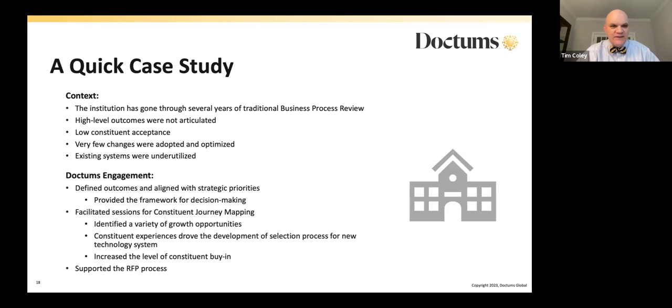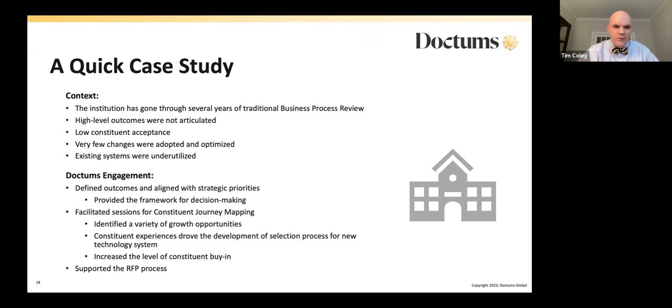They did not get the constituent acceptance of ideas. So over the past few years, they haven't really gained any ground. They haven't had their changes adopted. Their existing systems continue to be underutilized. And so they've reached that plateau, and we're trying to shake that up for them a little bit. So we came in with our outcomes-based approach.